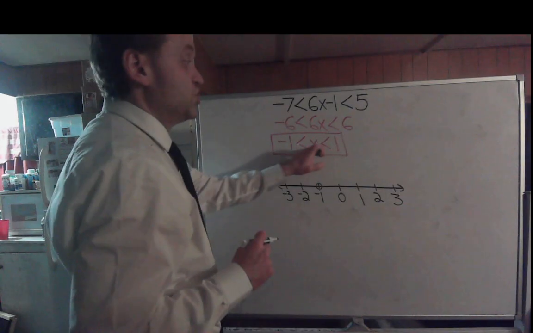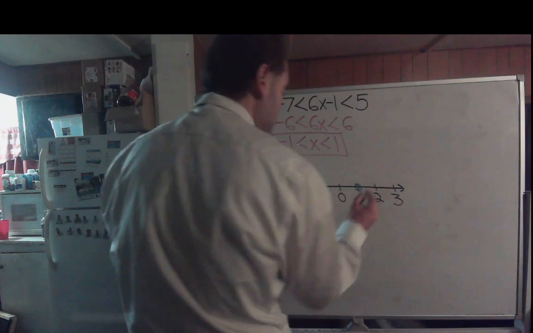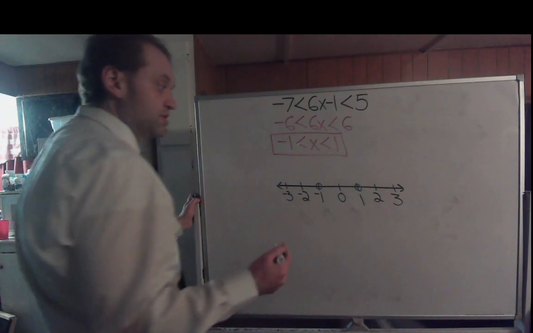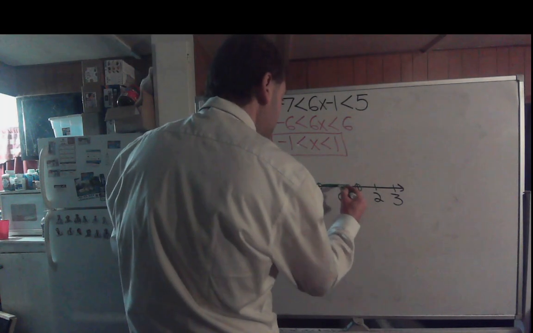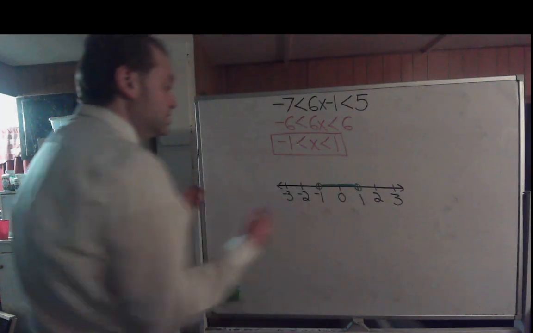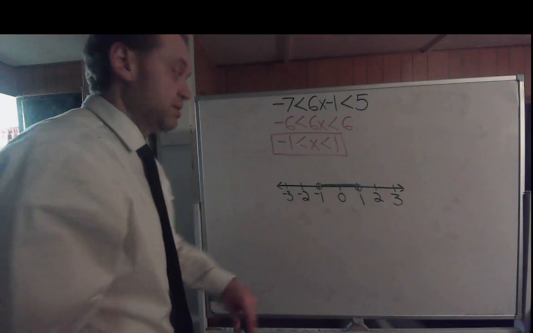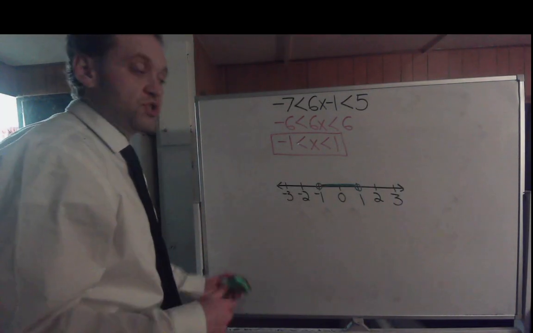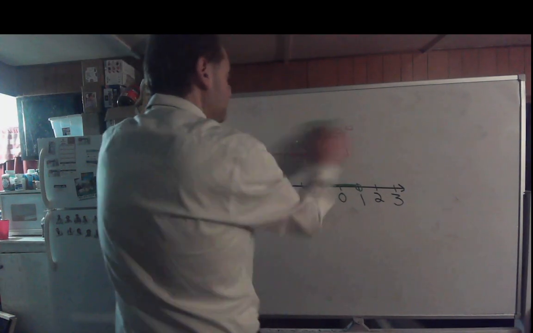And then x is just less than positive 1, so put an open circle at positive 1 to denote that that's not part of the solution. Then you'll just shade the region between negative 1 and positive 1. So the solution is every value between negative 1 and positive 1, not including those two numbers.